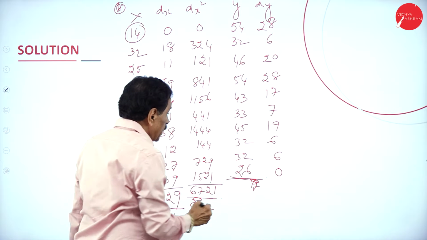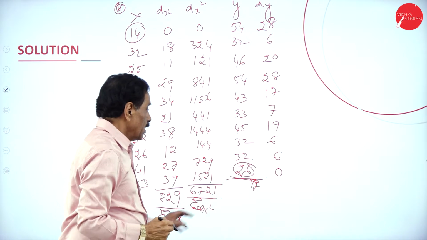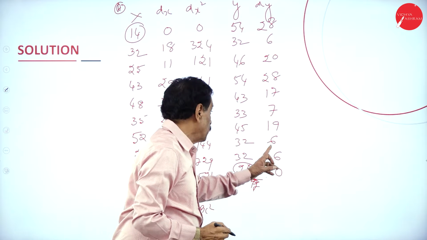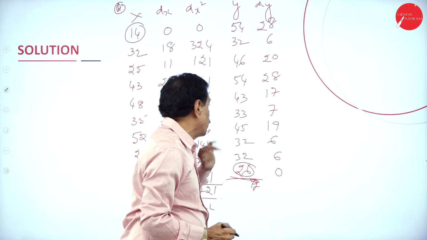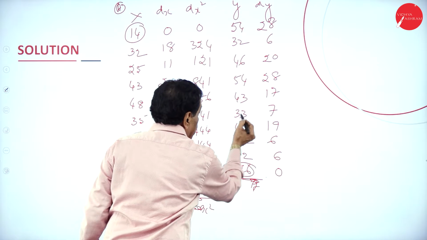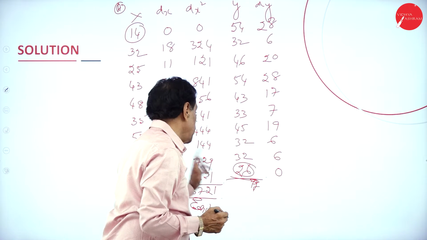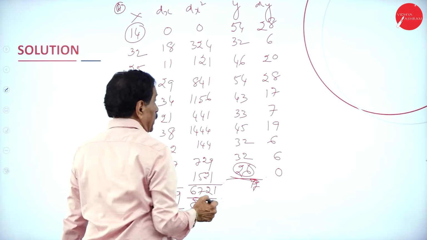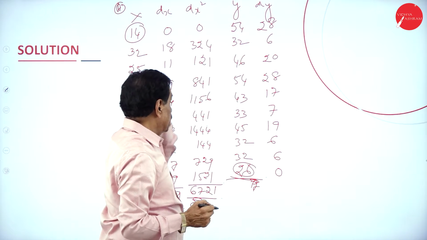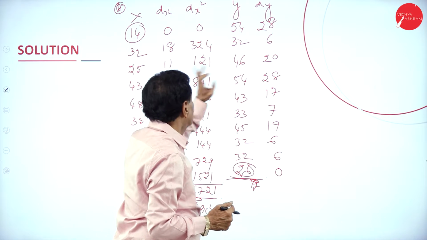Repeat: I took 26 as 0. 26 plus 7 is 33, 26 plus 17 is 43, so 28, 20, 32 is 6, 54, 32.